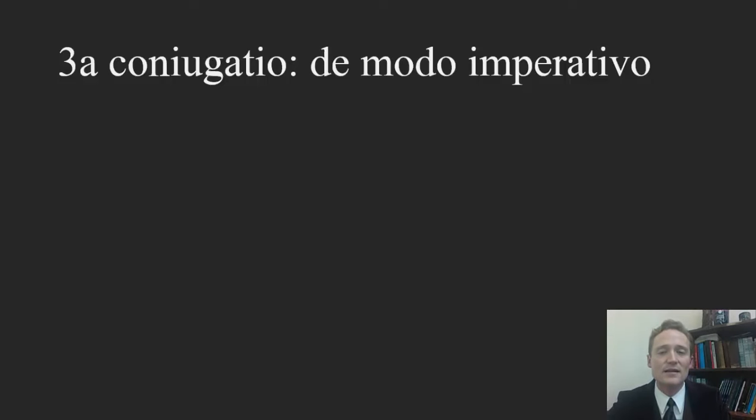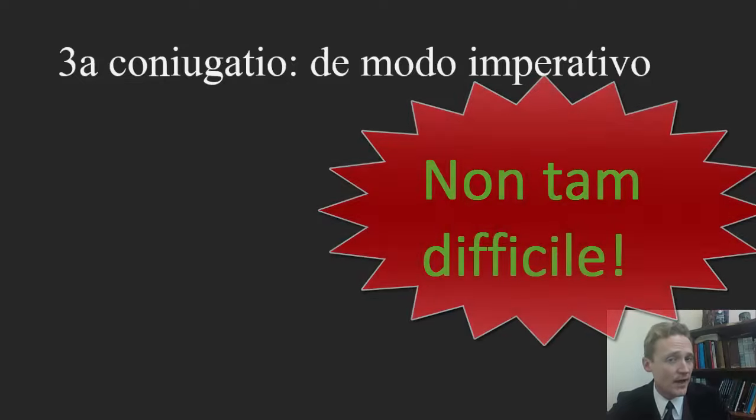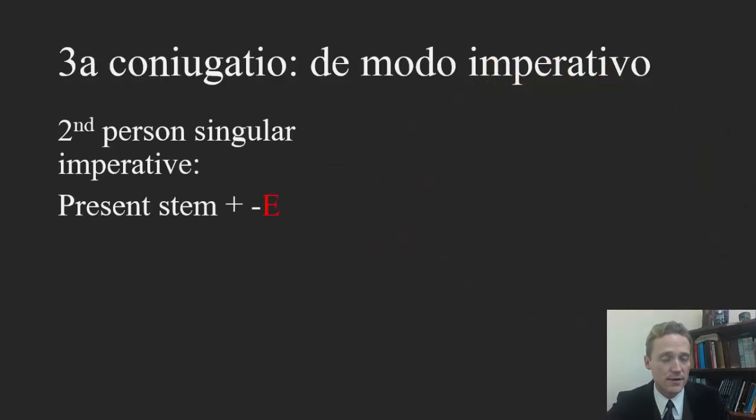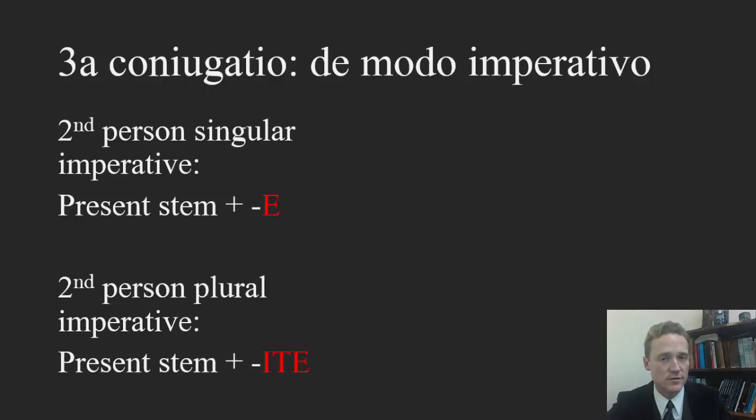Tertia coniugatio de modo imperativo. We're going to talk about how to form the imperative, how to make commands. It's not that hard. For the singular imperative, that is the second person singular present imperative, we take that present stem and we add an E to it. To make the second person plural imperative, we take that present stem and we add ite to it.